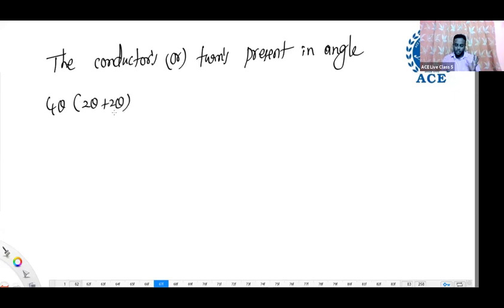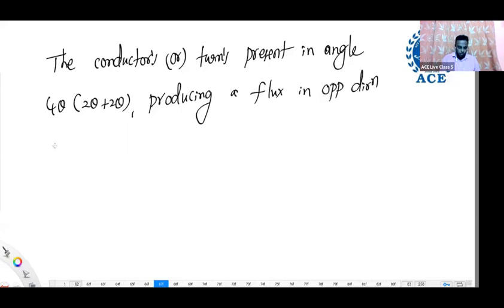The conductors present in the angle 4 theta. So how are they producing flux? In the angle 4 theta, they produce a flux in the opposite direction of the main flux.